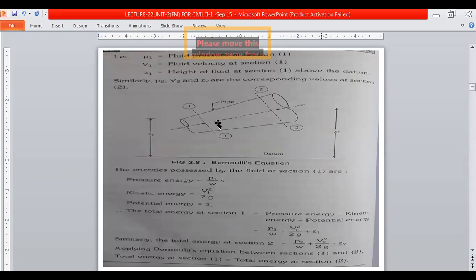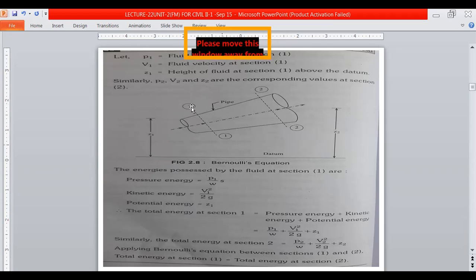Now take a pipe, a cross section of a pipe with two sections. Here it is narrow, here it is wider. The diameters are different here. Now let P1 be the fluid pressure at section 1.